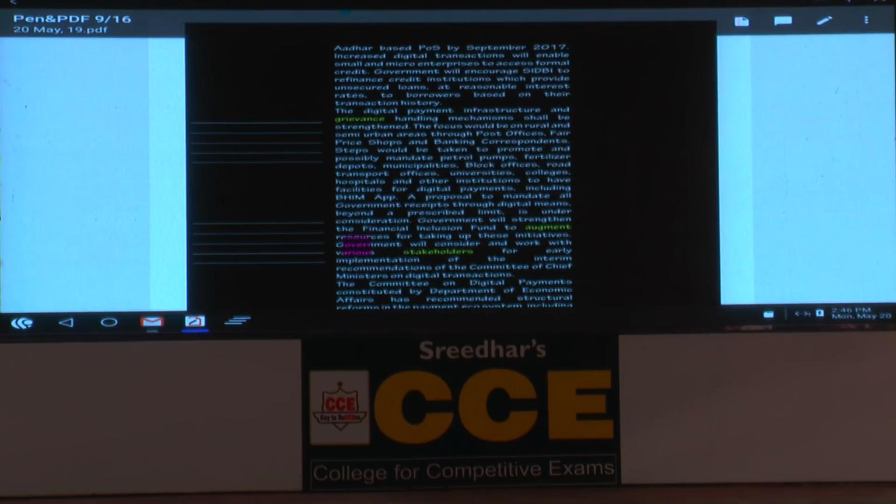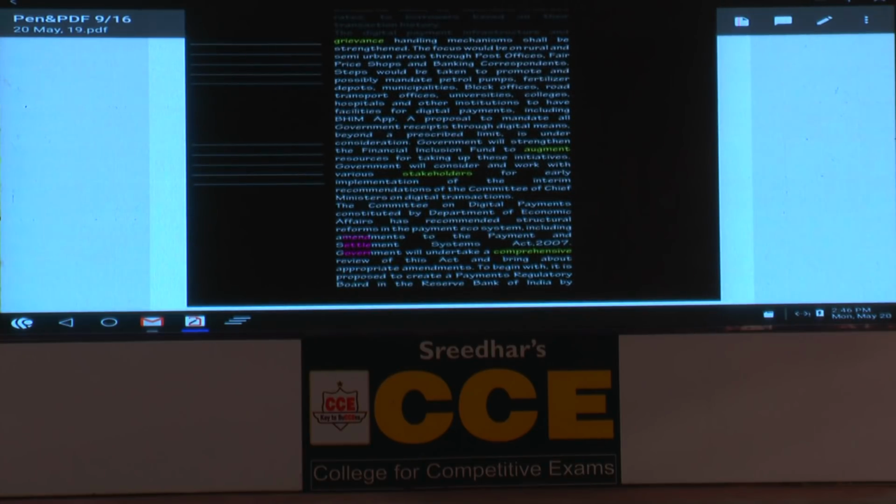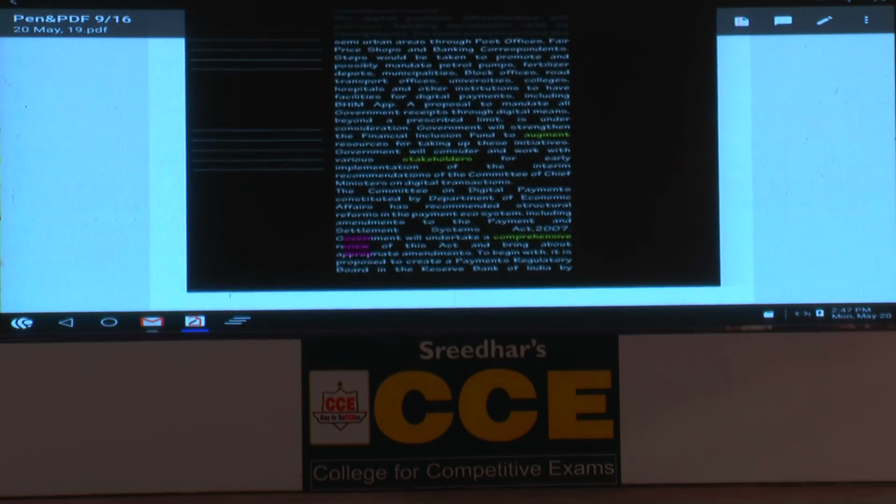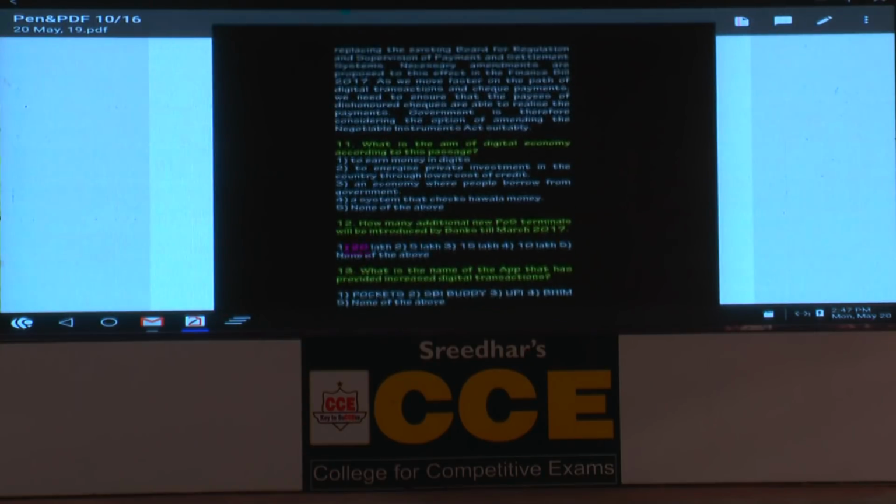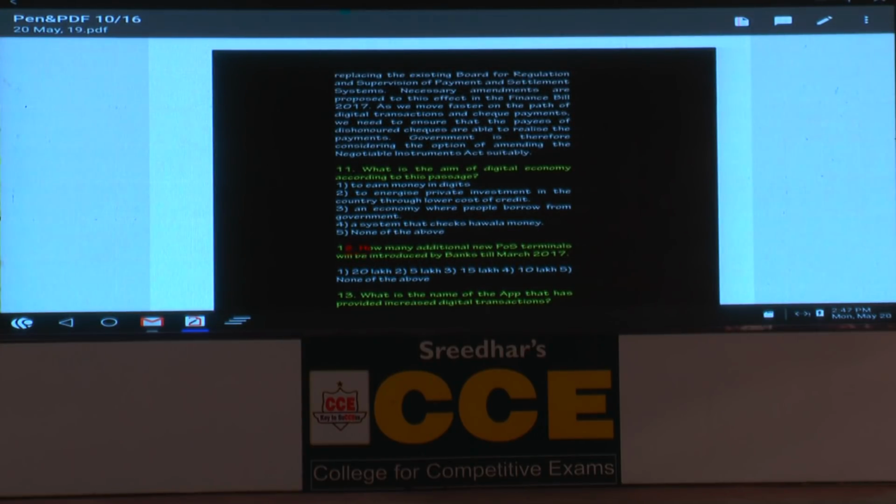Augment, increase. Stakeholders, those who are interested in a particular field or activity, but generally it goes with business, those who invest money. Then we say the stakeholders are very serious about the business. Means they have invested money in the business. Then we use the word stakeholders. Comprehensive, you got yesterday or day before yesterday. It goes with syllabus. Comprehensive means what?